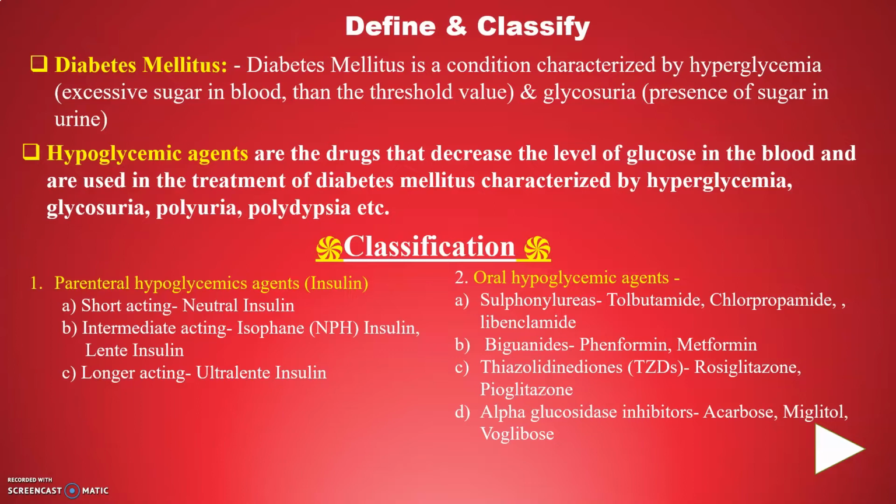So these are the details about the definition and classification of oral hypoglycemic agents. Just pause the video and write in your notebook from the exam point of view, and revise before attempting your exams.